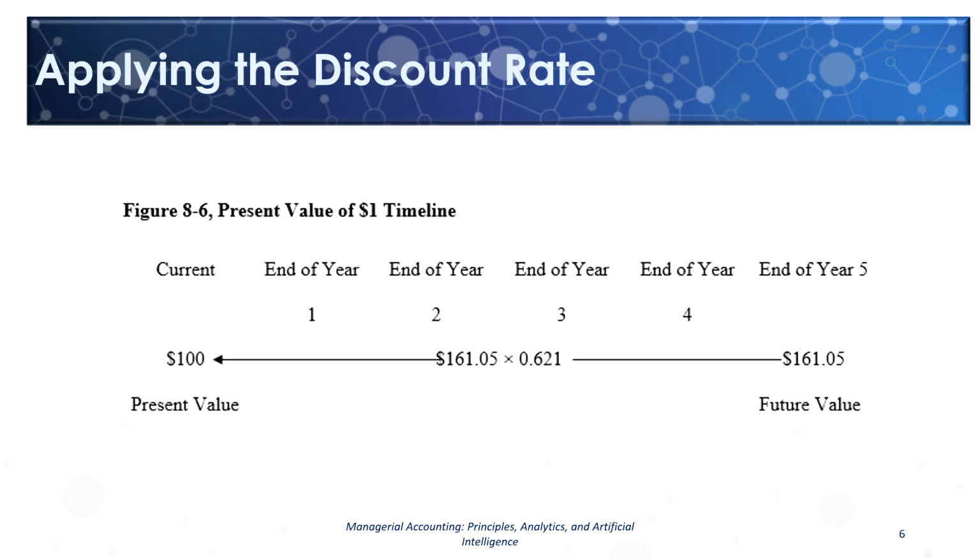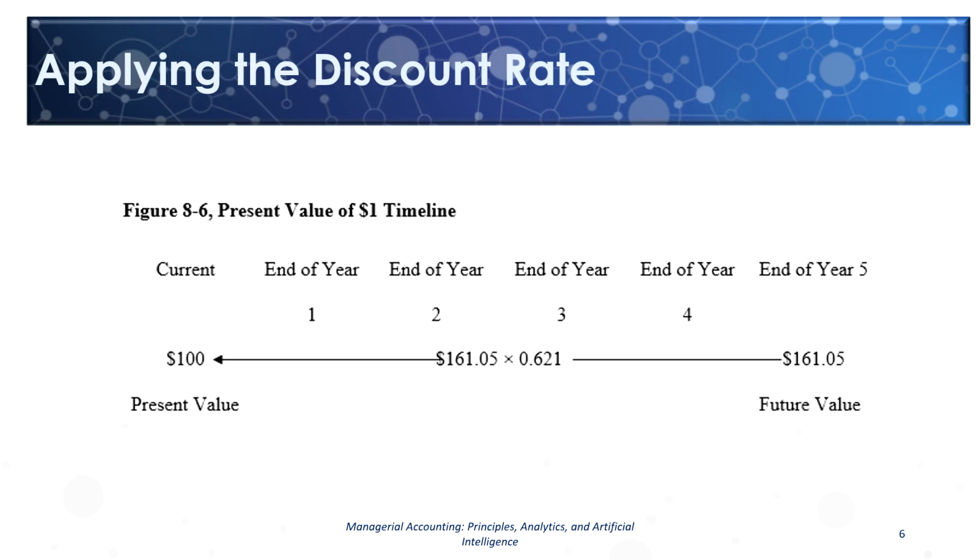Let's examine the previous example, but let's work it backwards from the future value back to the present, using the discount rate based on 5 years of return at a rate of return of 10%, illustrated on the previous slide. That discount rate is 0.621. Let's use that to discount $161.05 back 5 years to the current value.